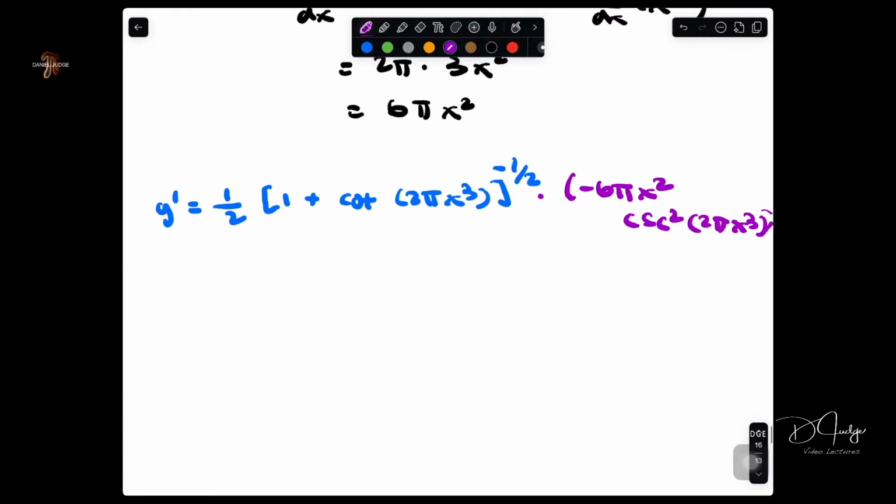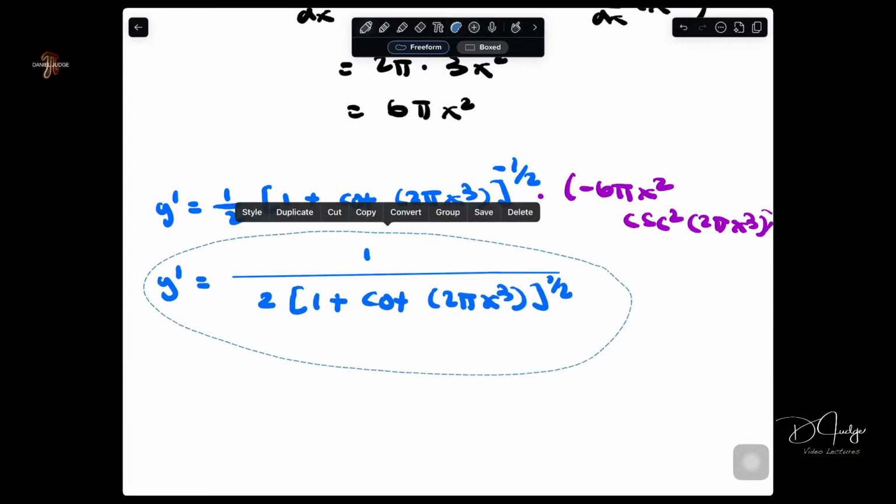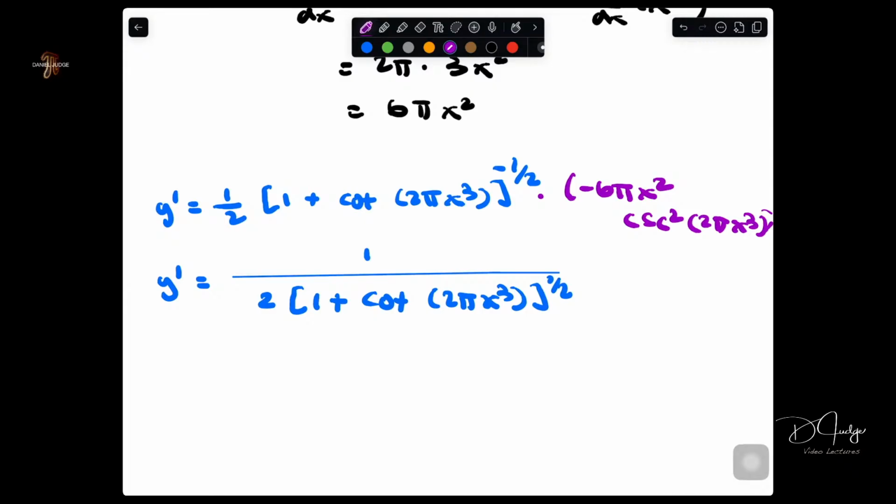All right, let's see if we can do some simplification now. y prime will be 1 over 2 times 1 plus cotangent 2 pi x cubed to the 1/2. And in purple, I'll keep it that way. Negative 6 pi x squared times cosecant squared 2 pi x cubed here.